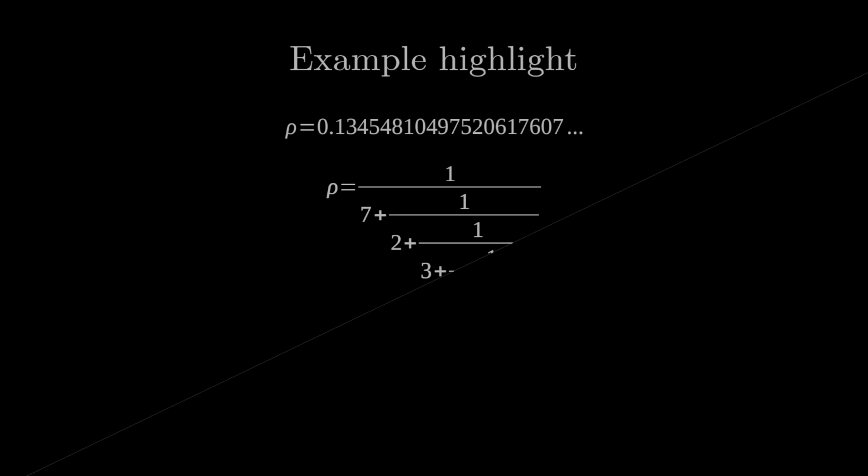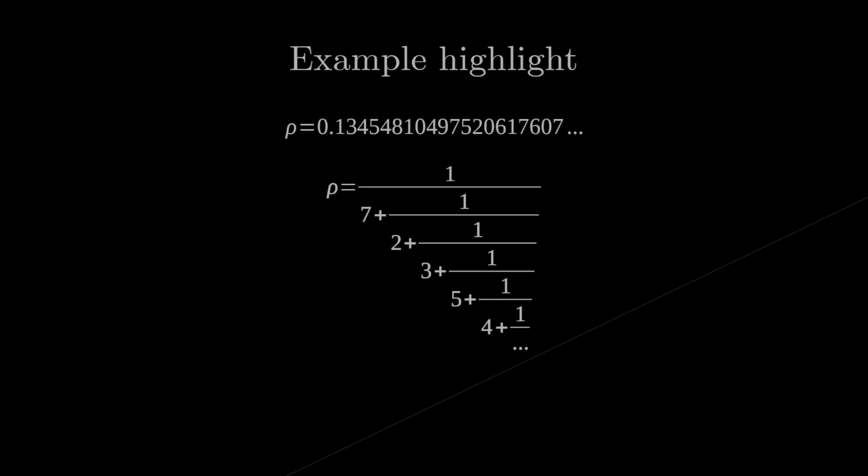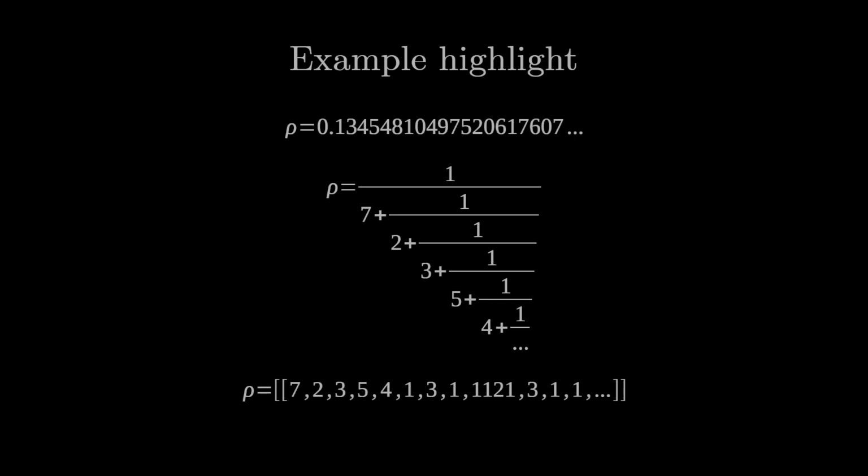That means we can write this root rho as 1 over 7 plus 1 over 2 plus 1 over 3, and so on, going indefinitely. And I'd like to write this a bit more simply, like so. And you can notice for that specific real number, we have one of the coefficients above 1000, which is pretty high.